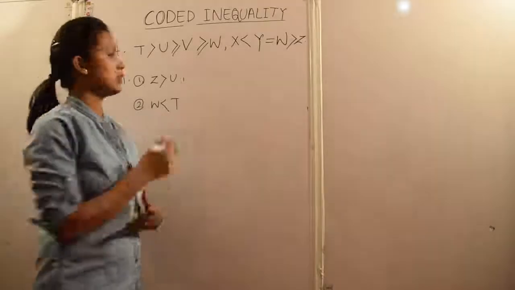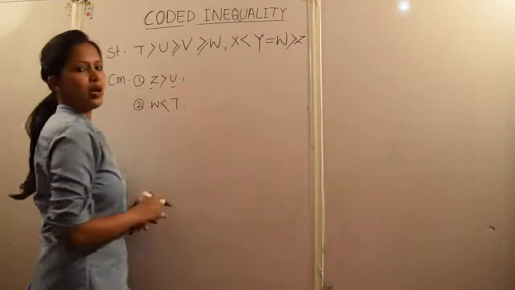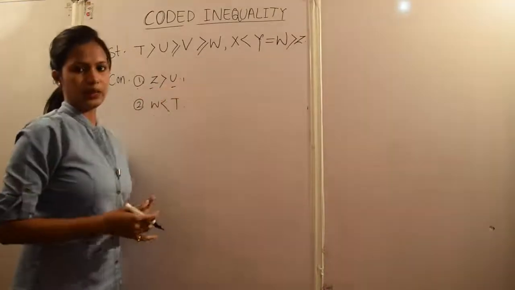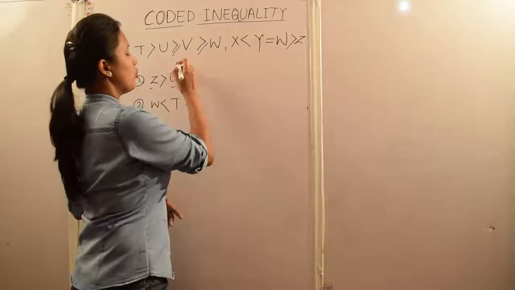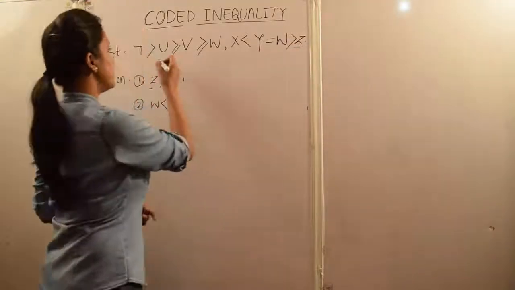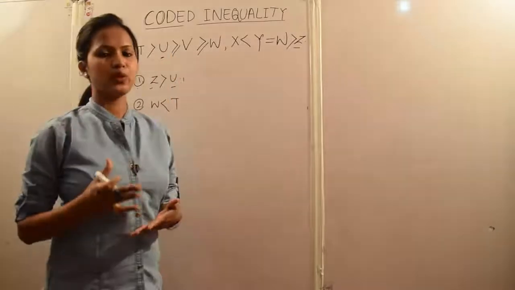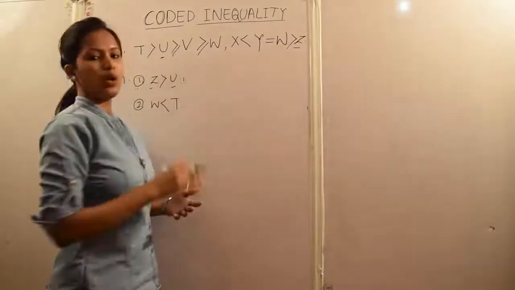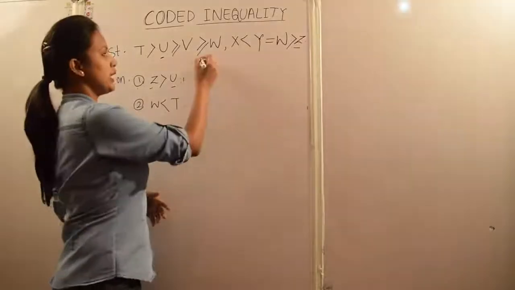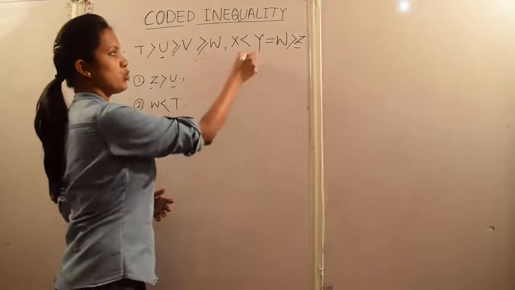So if we look at conclusion number 1, here the variables Z and U have been compared. So the conclusion is Z greater than U. Now from the given statements, we got the variable Z in the second statement, and we got the variable U in the first statement. So before comparing Z and U, we first need to connect both the statements. To connect both the statements, we should have a common variable between the two statements.